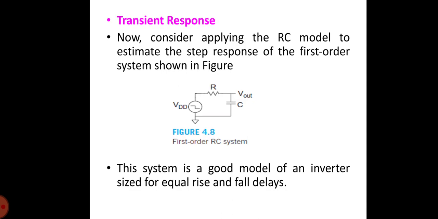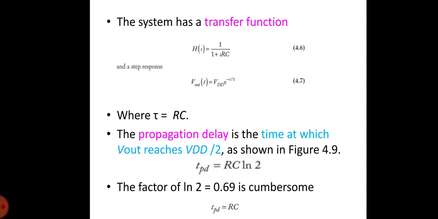Now consider applying an RC model to estimate the step response of a first order system, for which we are going to derive the transient response. The figure shows the first order RC system where a step input is applied to the RC circuit. This system is a good model of an inverter sized for equal rise and fall delays.